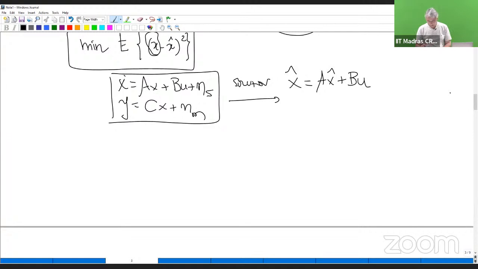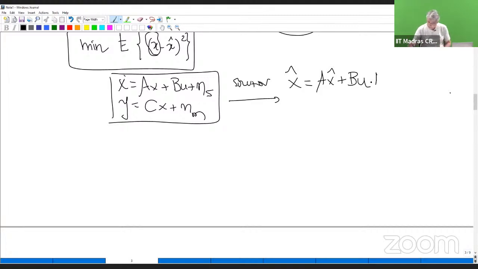So if there was no noise, and everything were perfect, then by sending the measurements of u through this thing, and if you start at the correct initial value, then you'd recover x exactly, but that's not the case. So you have to compensate, as we did before in the simple case.